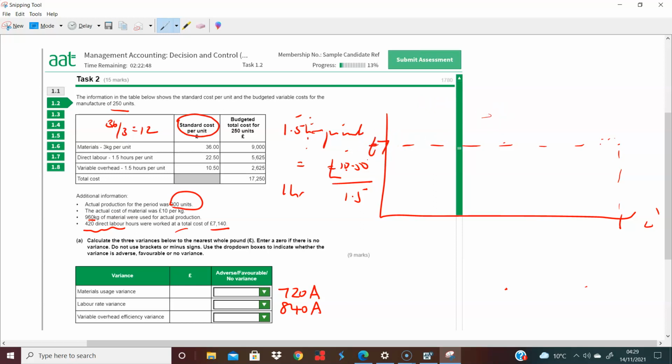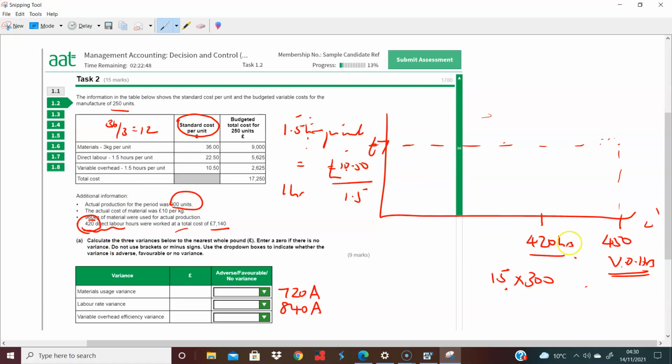That's the main point. Now, I expect you to use 1.5 hours to make each unit. So for 300 units, I'm expecting you to use 450 variable overhead hours. Of course, because it is all based on direct labor, you have done 420 hours.